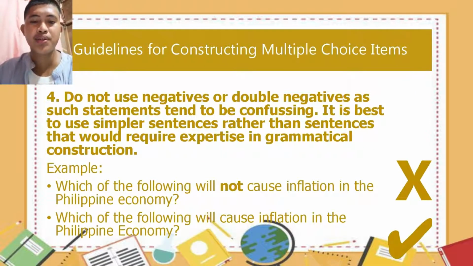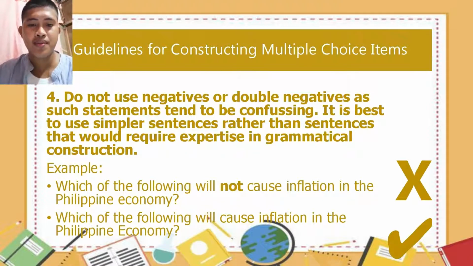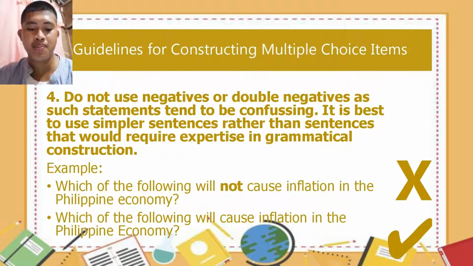Now let's go to the fourth guideline for constructing multiple choice items. Do not use negatives or double negatives, as such statements tend to be confusing. It is best to use simpler sentences rather than sentences that would require complex grammatical construction. Here is a poor example: Which of the following will not cause inflation in the Philippine economy?